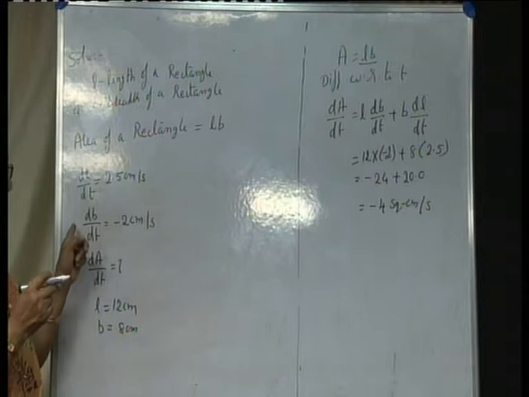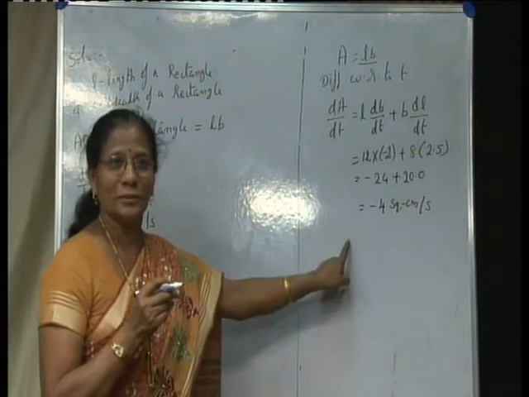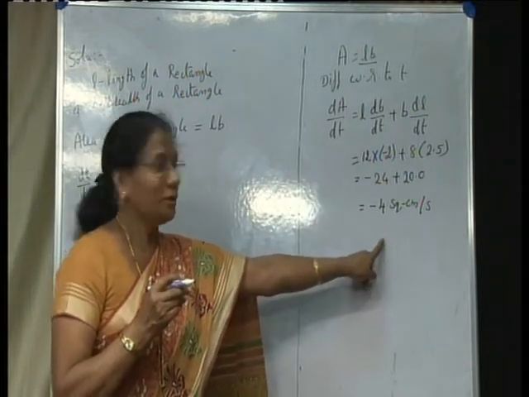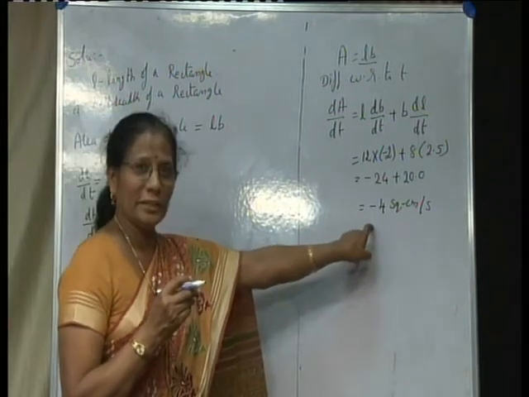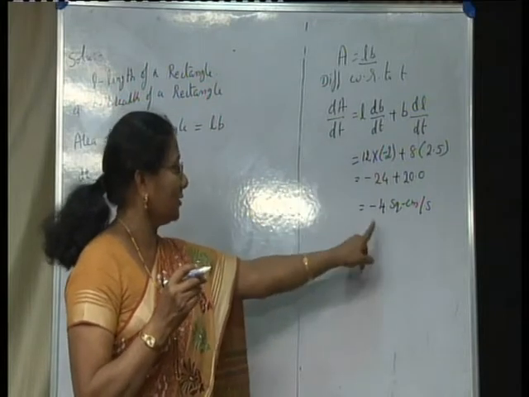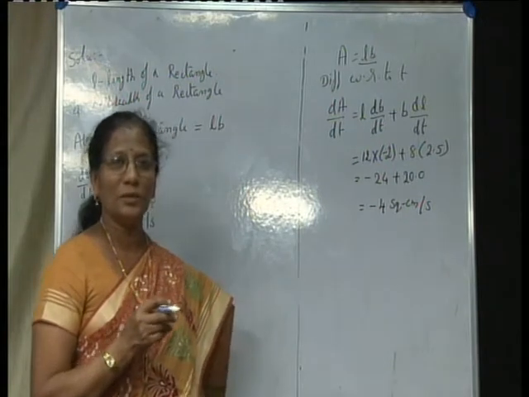Since the breadth is decreases here, we have got the area is decreases at the rate of 4 square centimeter per second. Minus sign indicates that the area is decreases. The area is decreases at the rate of 4 square centimeter per second.